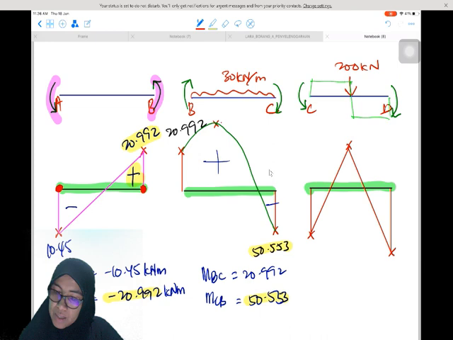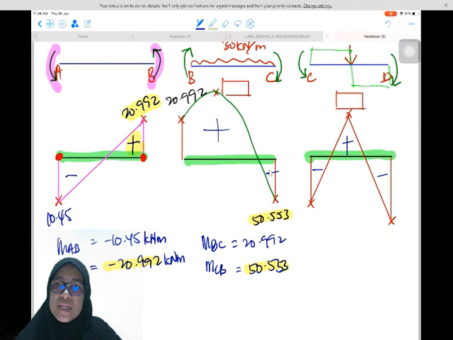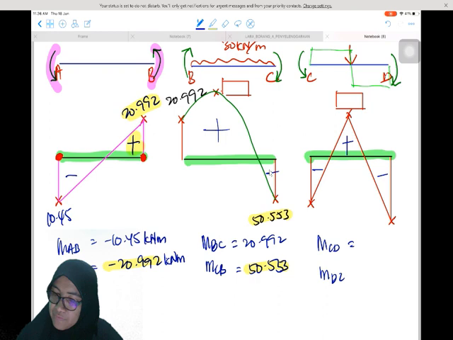So this is negative, positive, negative, positive, negative. Okay, so the value is, MDC is negative 50.553, and the last value is 87.24.